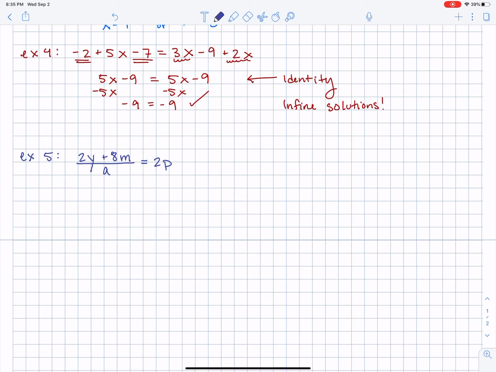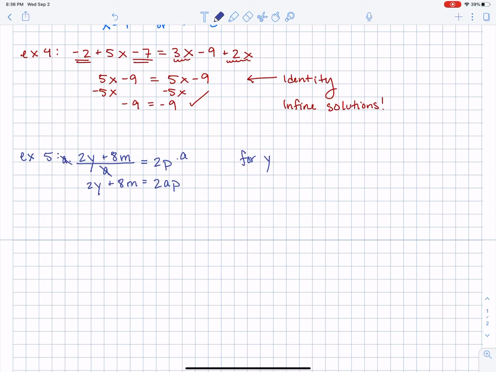And I'm going to ask you to solve for y. All right, I want to multiply by a to cancel out on this side, but if you multiply by a on that side, you have to multiply by a on the other. So we're left with 2y plus 8m is equal to 2, and I like to put these in alphabetical order, AP, but maybe you put PA on that one.